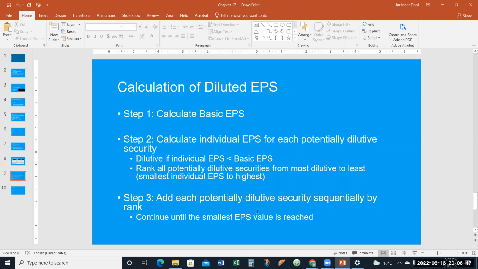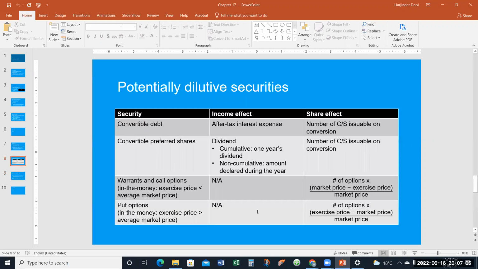Now, the determination of whether any of those securities is dilutive or not is based on comparing the individual earnings per share. And the individual earnings per share is calculated by dividing the income effect by the share effect, right? The income effect number, that's the dollars. The share effect number, that's how many additional common shares will be issued if that particular conversion or exercise occurred.